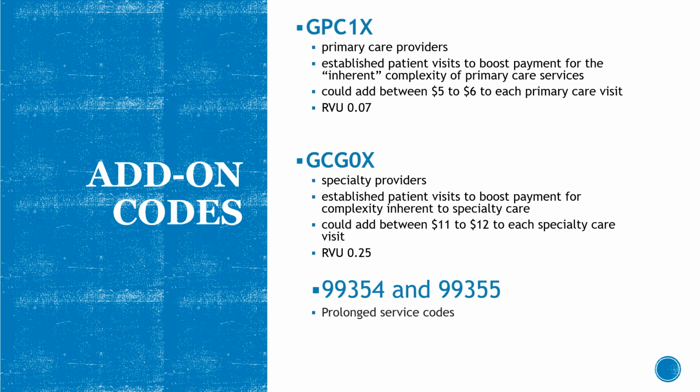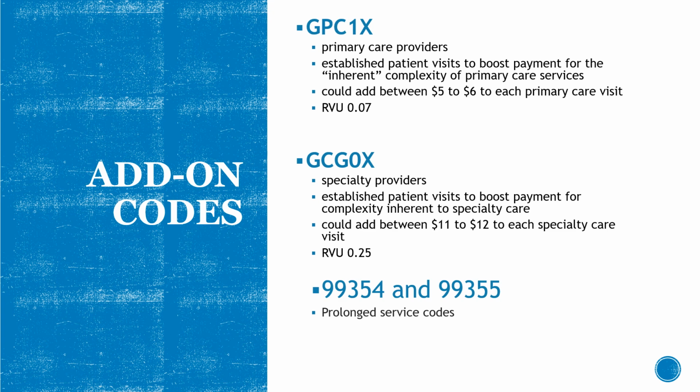relative to the changes for 2021 is the GPC1X code for primary care providers and the GCGOX code for specialty providers. It is unclear by many of the authors that I reviewed exactly how these codes will be utilized.